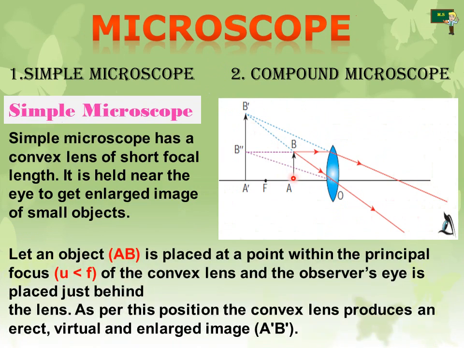Here the object AB is placed between the lens and the principal focus, and the observer's eye is placed just behind the lens. The convex lens produces an erect, virtual and enlarged image at A dash and B dash.